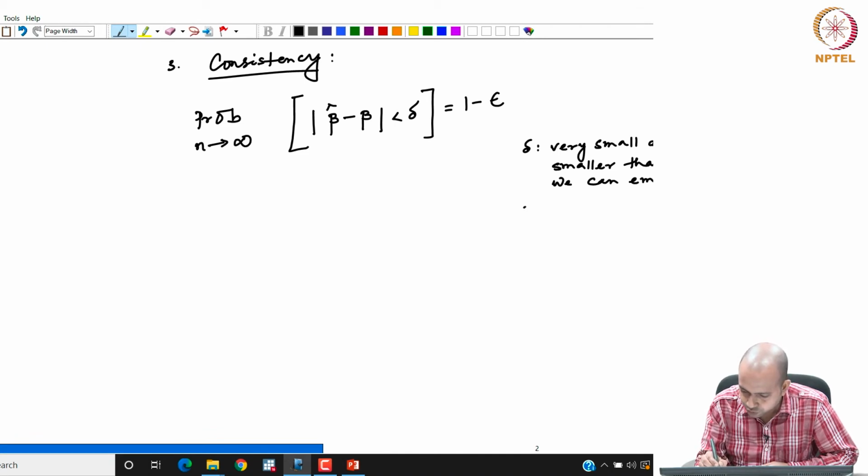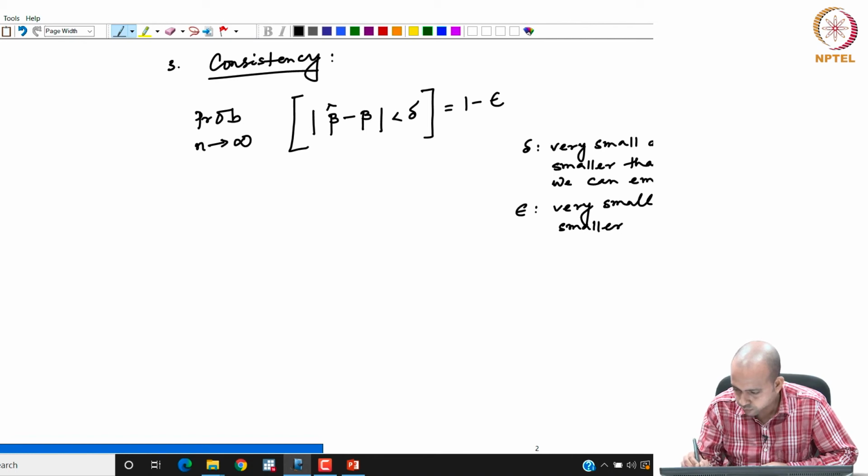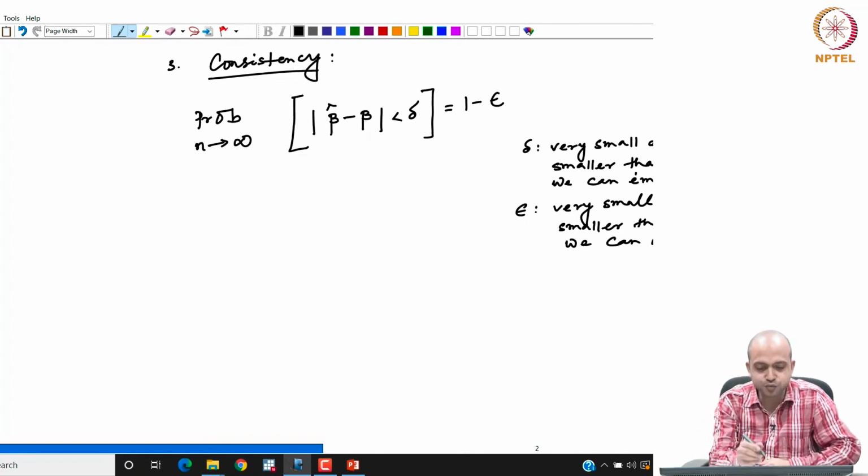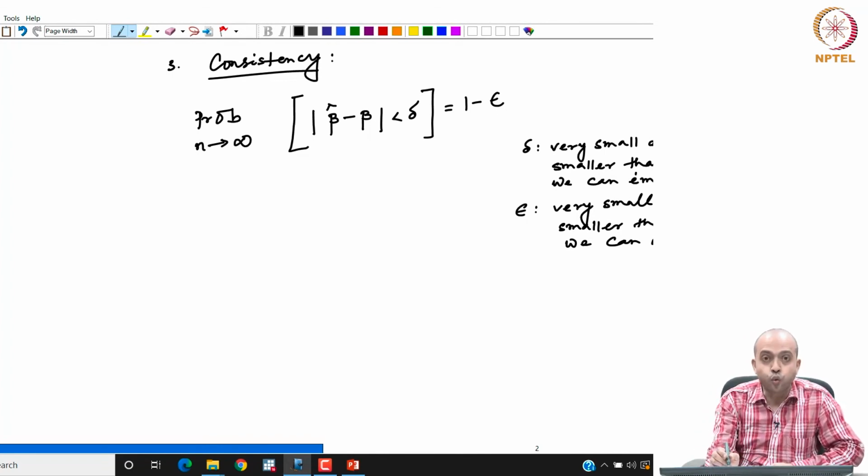Similarly, epsilon is also very small and smaller than what we can imagine. So, that means the probability of getting such beta is almost 1, and when will that happen? When sample size tends to infinity.